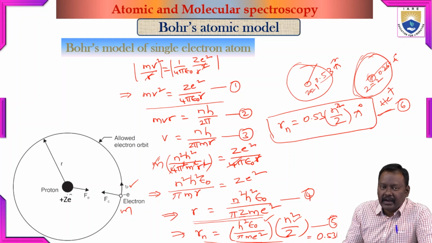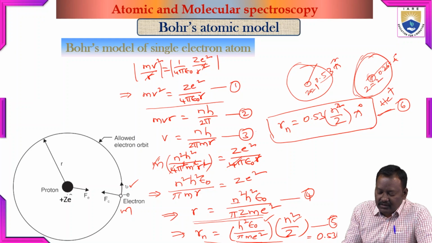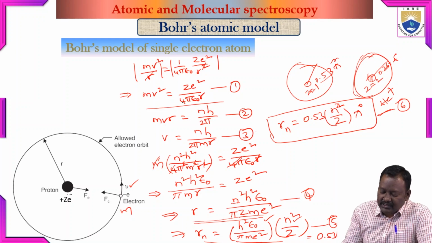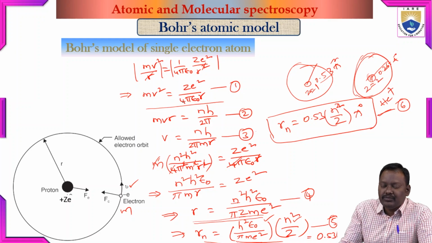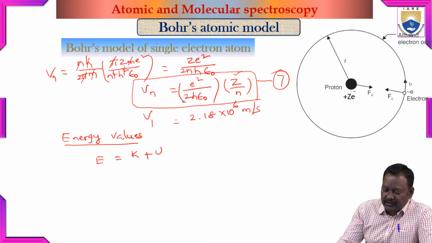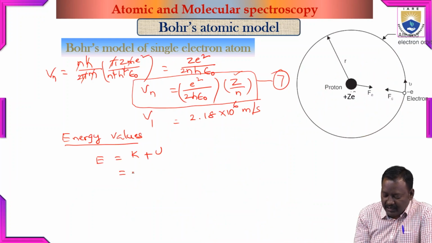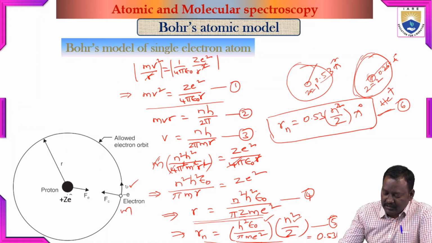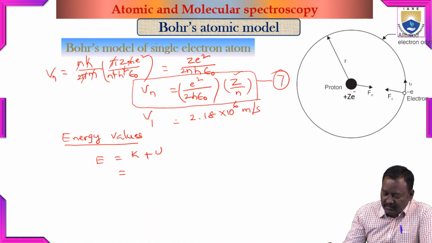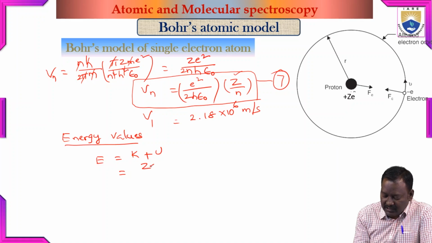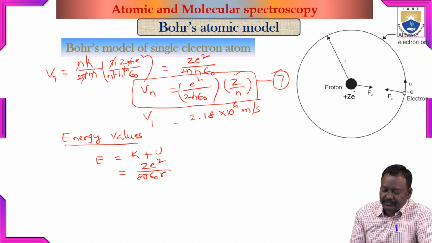So kinetic energy means half mv square, that is Ze square by 8 pi epsilon naught r.